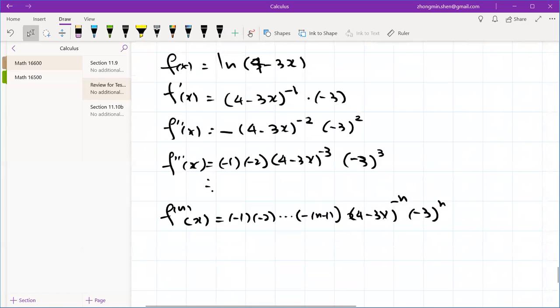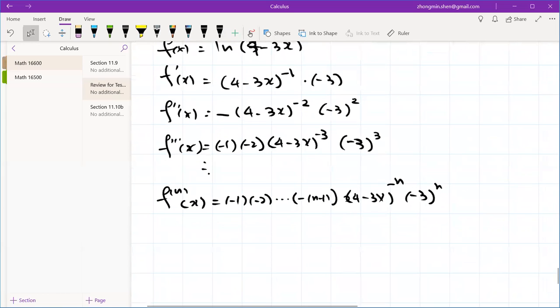Okay, and how many terms here? I have 1, 2, 3, that's n minus 1, right? So I'm going to collect them. It's a negative sign. This is going to be n minus 1 terms, and then this is n minus 1 factorial. And this will be 4 minus 3x to the negative n, negative 3 to the power n.